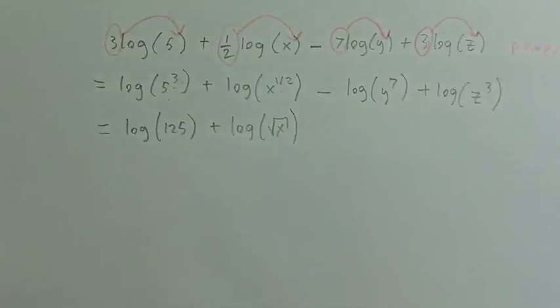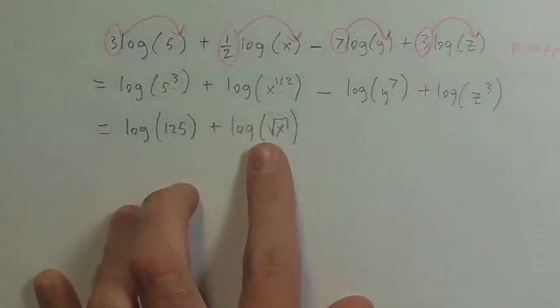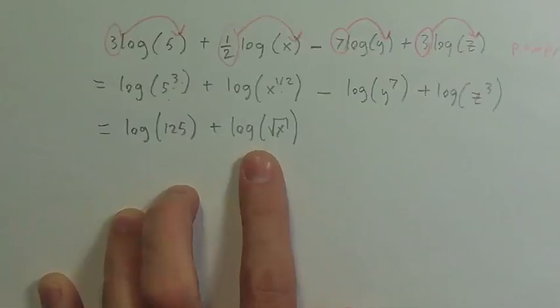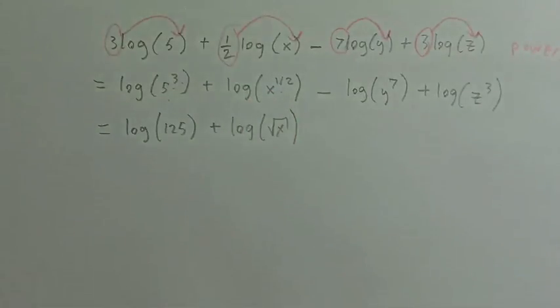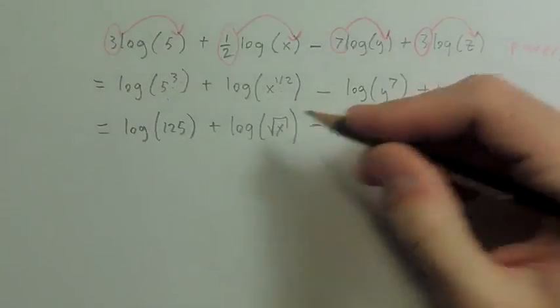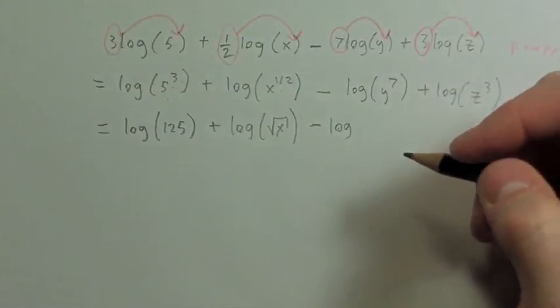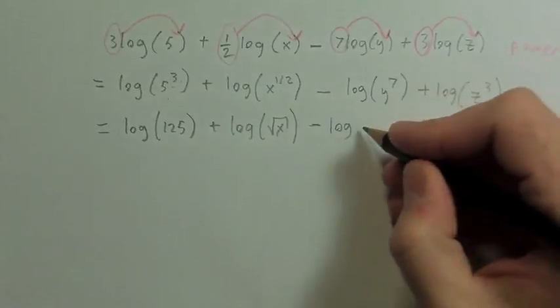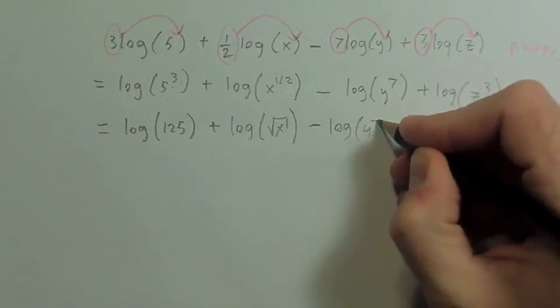Read your directions very carefully on MyLabs Plus and see what it says, because it may actually tell you to write things as roots, like square roots or cube roots, or it might say to just leave it as x to some power. Okay, so just read your directions very carefully there. I'm going to go ahead and put it as a square root. And then these two don't really simplify much.